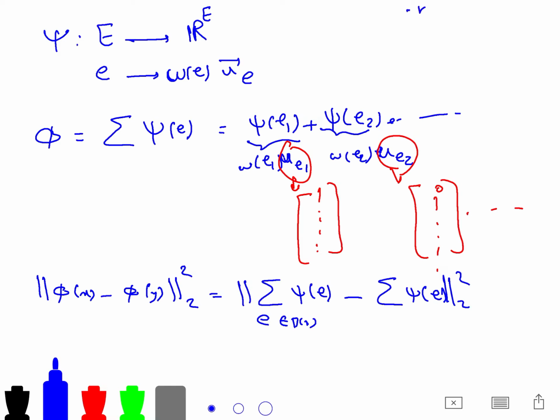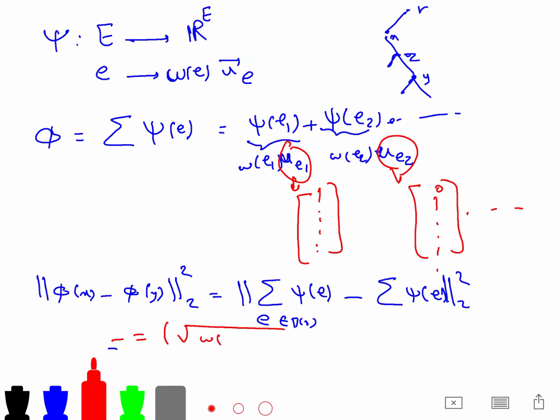If we have a root here, then x, then z, and then y, it becomes the square of the weight of yz plus the square of the weight of zx.